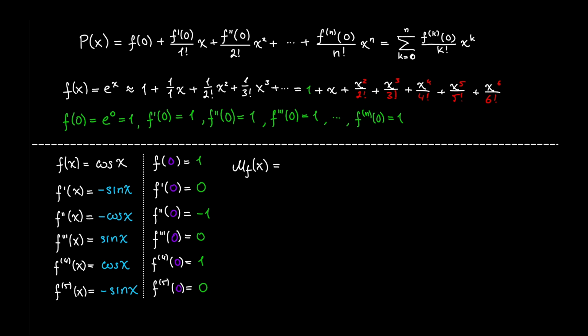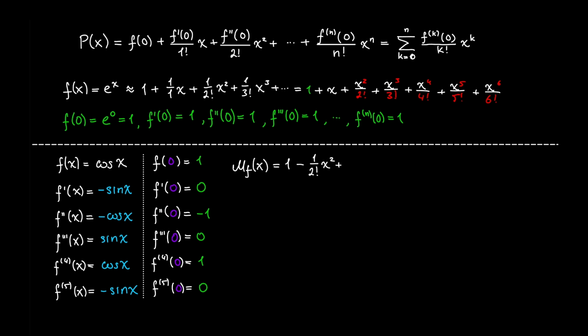Now, if I were to construct the Maclaurin series for cosine of x, what I would get is 1 plus 0 divided by 1 times x. So technically the x term does not exist. So the next term is going to be negative 1 divided by 2 factorial times x squared. Following that, we have again 0 over 3 factorial x to the power of 3.